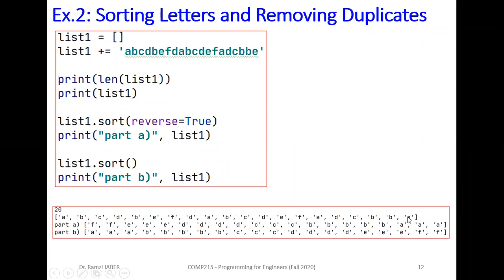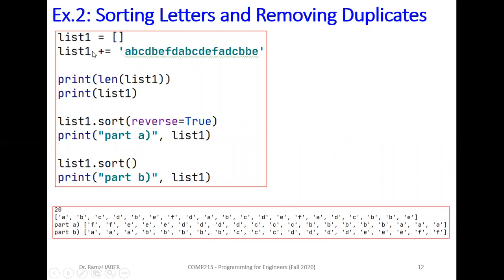Now, part A will be sorting in reverse order, decreasing order. So the code will be list1 dot, we use here a method, using built-in functions and methods, list sort.